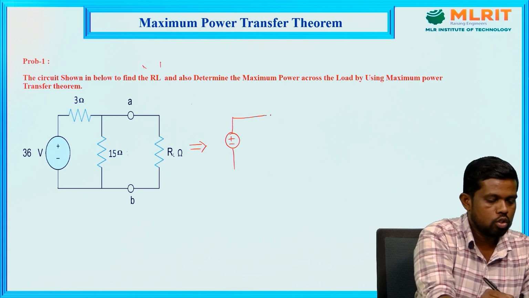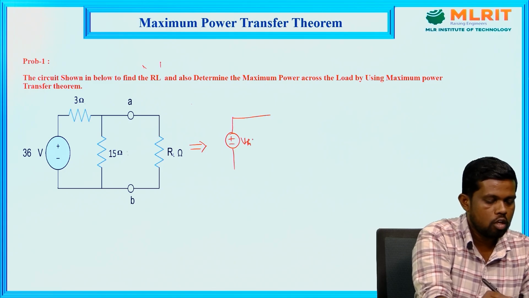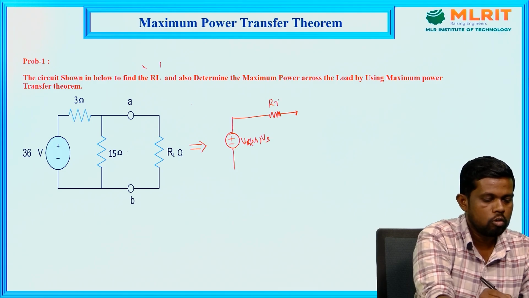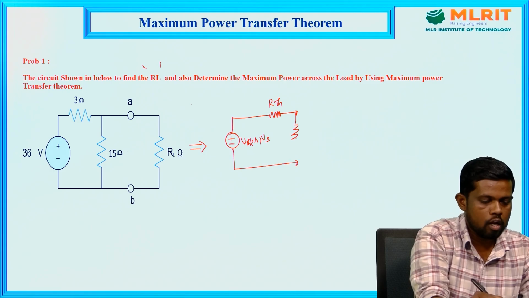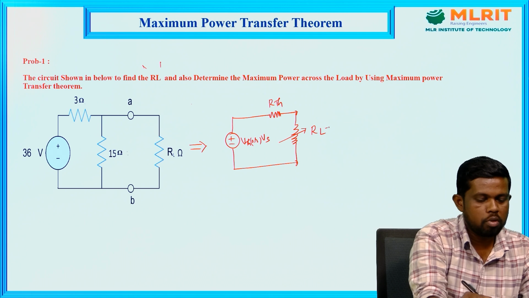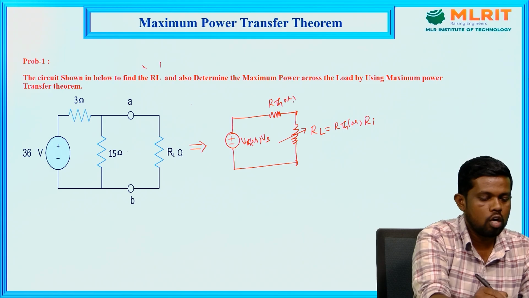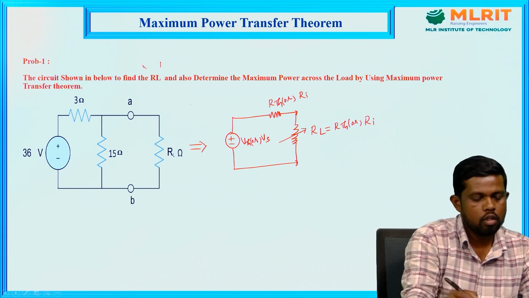This is the VTH, or we can also say V source. Then this one is RTH, and this one is RL. So RL must be equal to the RTH, or R internal.